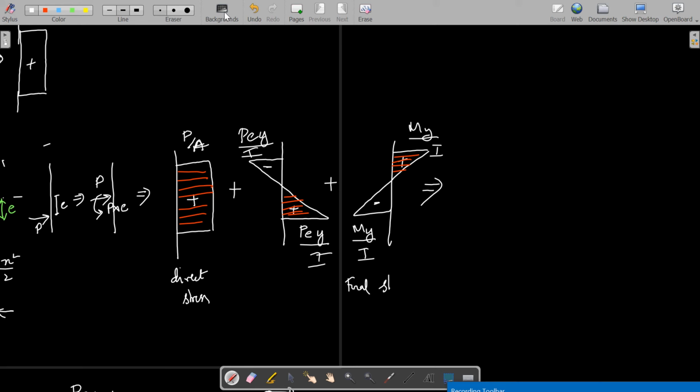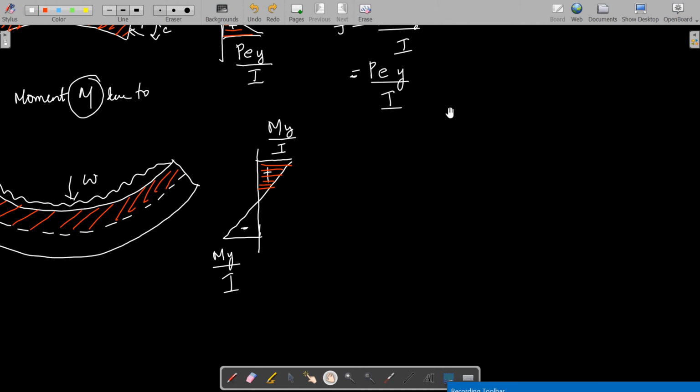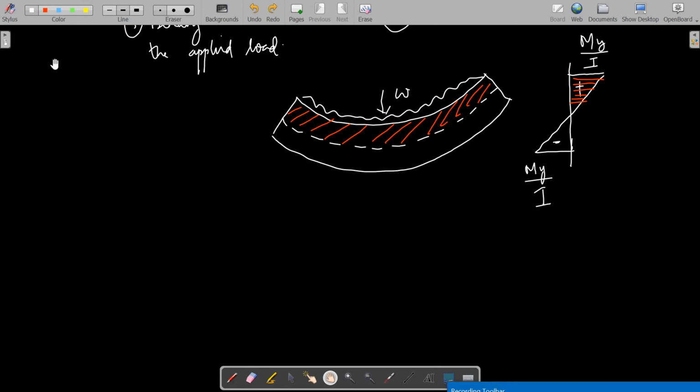I'll write here: final stress at top and final stress at bottom. Final stress at top, I can write as what?